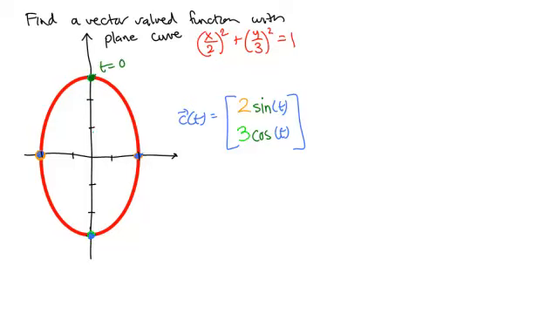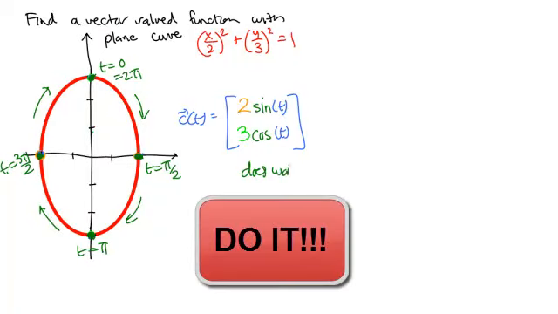At t equals pi over 2, we get this point right over here. At t equals pi, we get this point. At t equals 3 pi over 2, we get this point. And at t equals 2 pi, we get back to this point. So at least it looks as though we're tracing the appropriate points, at least the corner points. You could go through and check that this in fact does work.